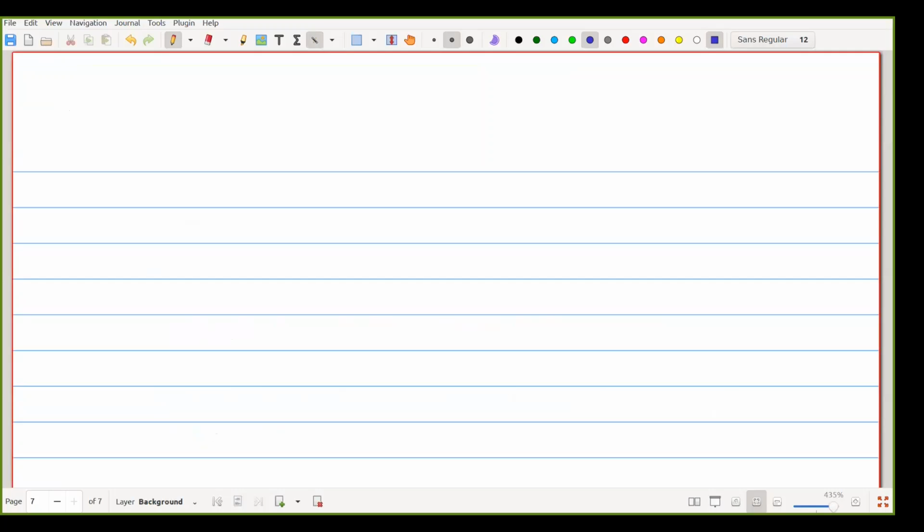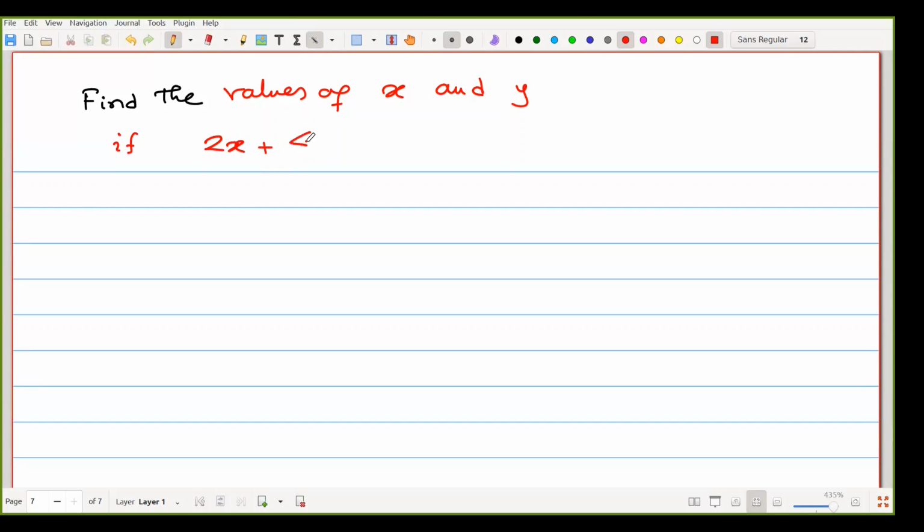Final one, property. Okay, no property. We are just proceeding with some example. Suppose the question is like, find the values of x and y if given 2x plus 4iy is equal to minus i cube (x minus y) plus 3, like that.